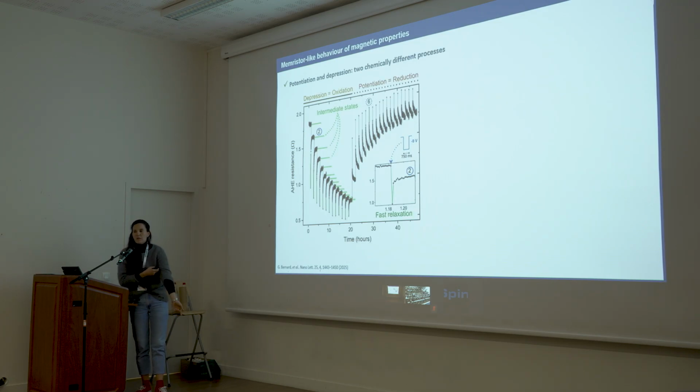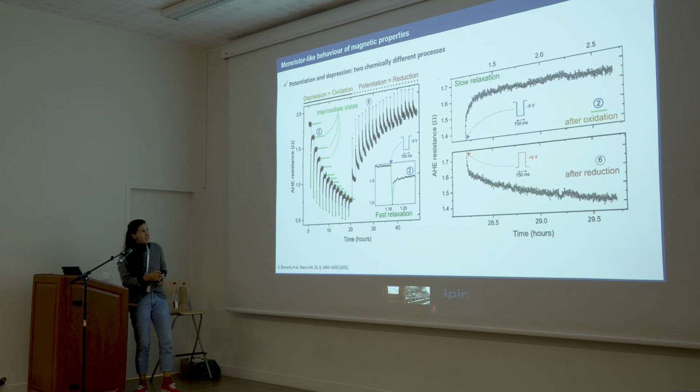So what about retention? What we see here is one of these potentiation depression cycles that I showed you before, where we waited for a couple of hours to see how stable these states are. And we could find that, first of all, the potentiation and the depression are not quite the same in terms of retention.